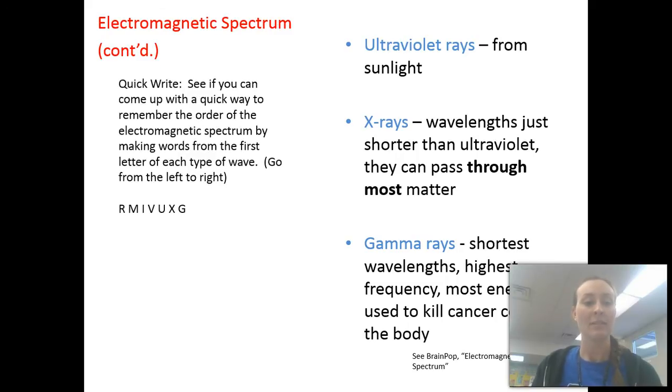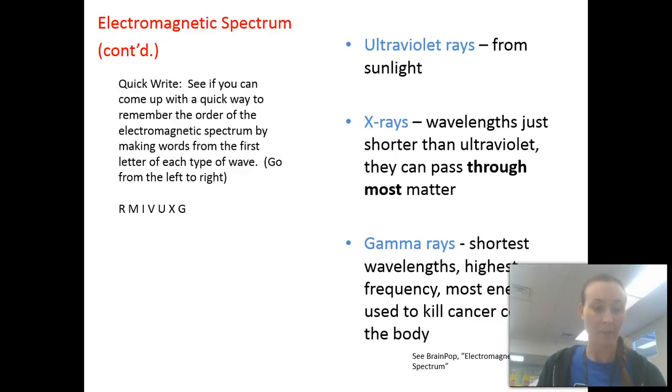Pause the video and see if you can come up with a quick way to remember the order of the electromagnetic spectrum by making words from the first letter of each type of wave. Over here we have radio waves, microwaves, infrared waves, and so on and so forth. So pause it, stop and think about it.